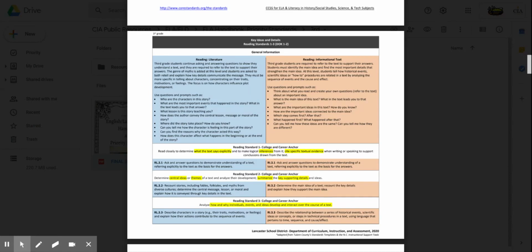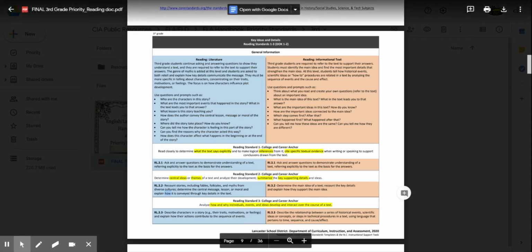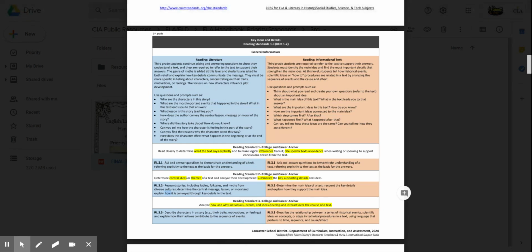And at 3rd grade, that spells out in literature as recount stories, including fables, folktales, and myths from diverse cultures, determining the central message, lesson, or moral, and explain how it is conveyed through key details in the text. So notice how those 2 are related, right? We've got central message, lesson or moral, theme, that sort of thing, okay?